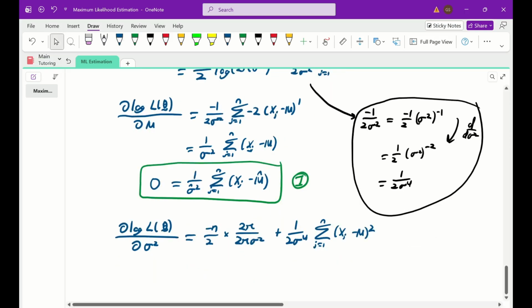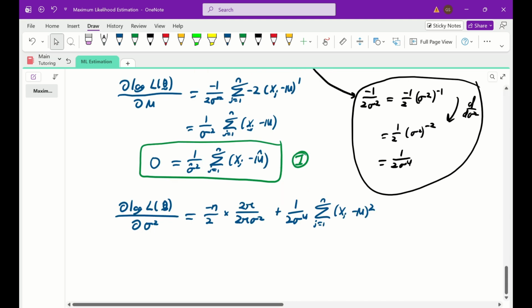And then we can solve for when this is equal to 0 to get our second equation, which forms part of these likelihood equations. So this is 0 when the values are equal to the MLEs. So we can simplify this a little bit. The 2 pi cancels with that 2 pi. Those cancel.